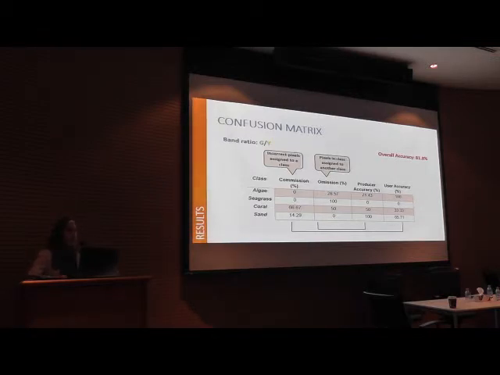So we can see that for algae, the producer accuracy was 71.43% and user accuracy 100%. For seagrass, the accuracy was null for producer and user. For coral, the producer accuracy was 50% and 33.33% for the user accuracy. And for sand, the producer accuracy was 100% and 85.71% for the user accuracy.